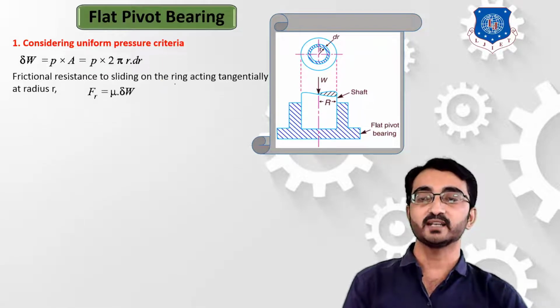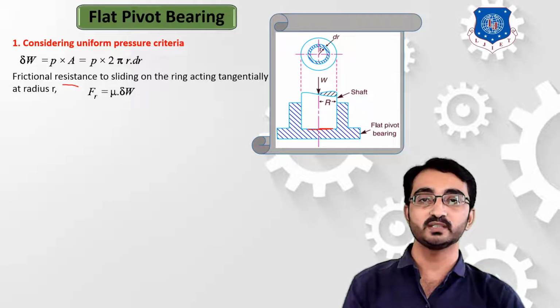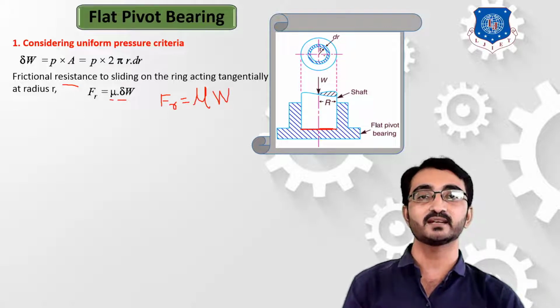After that we have to calculate the frictional resistance which will be developed between these surfaces. So over here we can simply write the equation of friction, that is Fr is always equal to mu into W, because the simple equation of friction is always Fr, or frictional resistance, equal to mu into W. Over here we are considering a small segment, so we are putting dW.